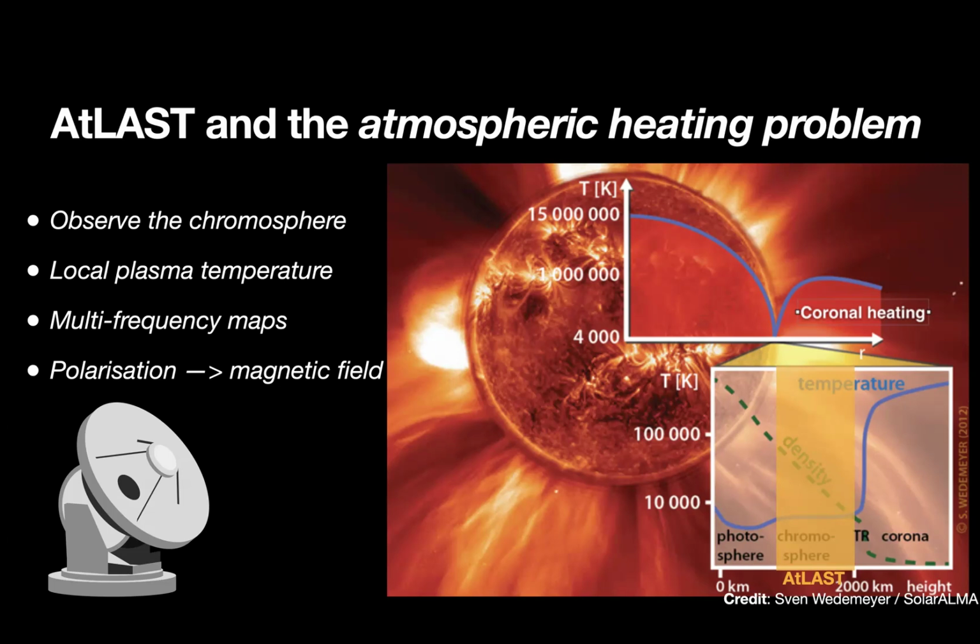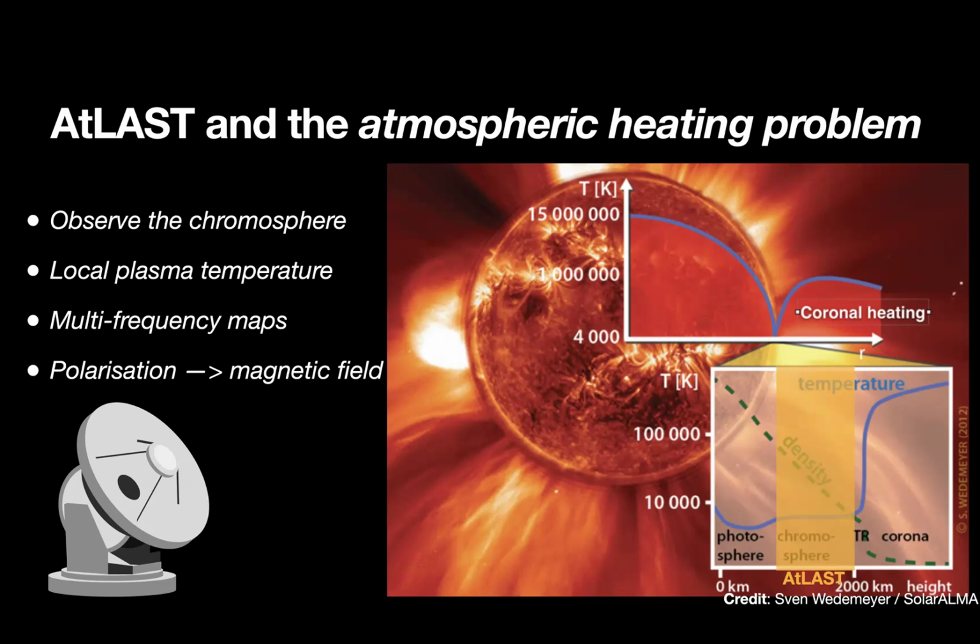When it comes to heating mechanisms, one advantage of observing in the millimeter regime is that the measured brightness temperature is linearly dependent on the actual local plasma temperature. So as you map the solar chromosphere at different frequencies, you get an actual map of the local plasma temperature across the chromosphere.